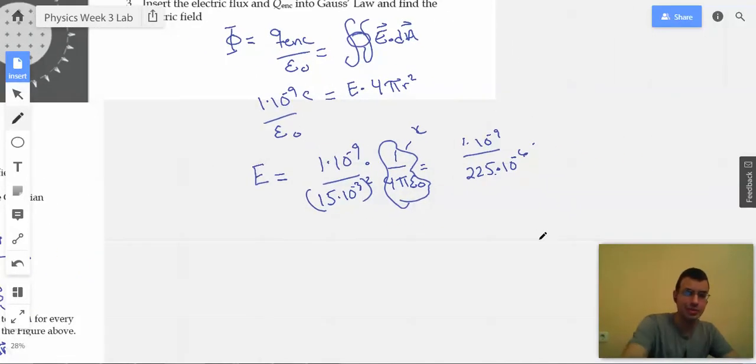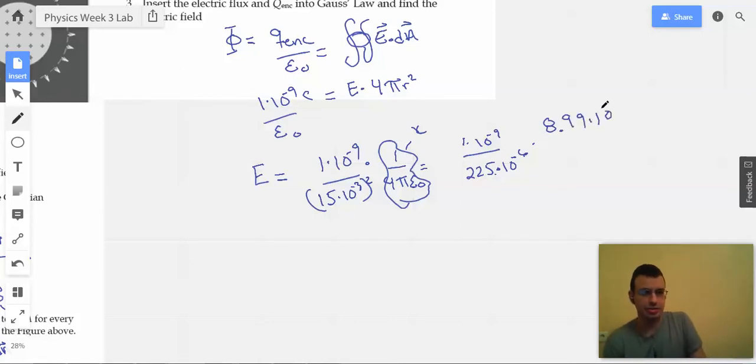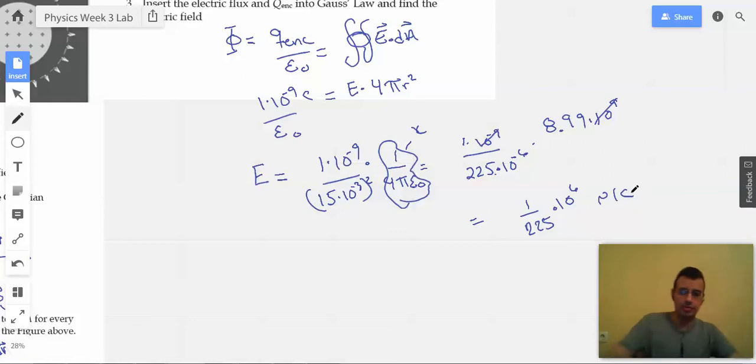And you probably do too if you've already done your homework. If you haven't, I think it was already due and you just got zeros. 8.99 times 10 to the 9th, that cancels, and we're left with 1 over 225 times 10 to the 6th newtons per coulomb. There we go.